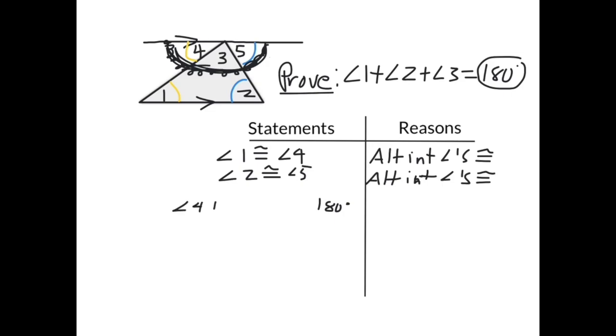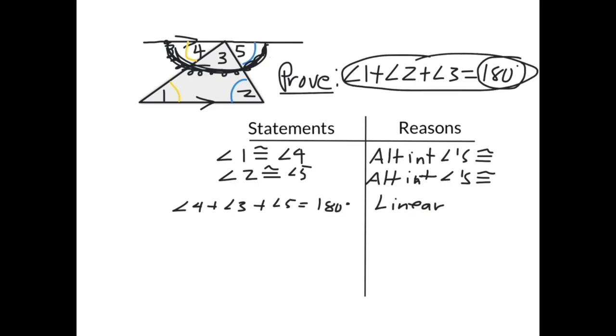Angle 4 plus angle 3 plus angle 5, all total 180 degrees. Those three angles are linear. The goal is to prove 1, 2, and 3 make 180. So that's where we want to get: angle 1 plus angle 2 plus angle 3 equals 180.